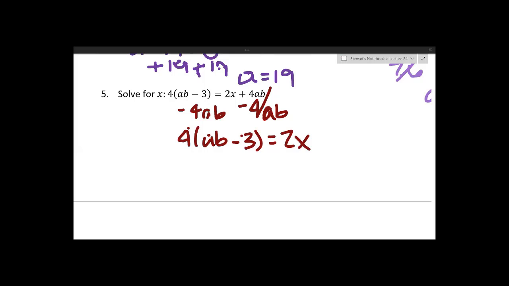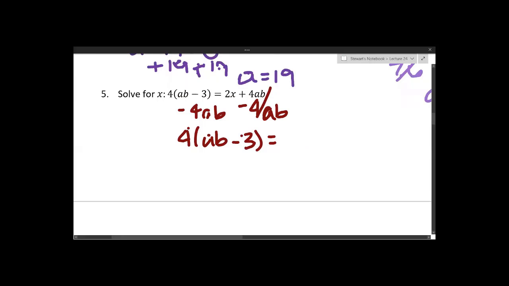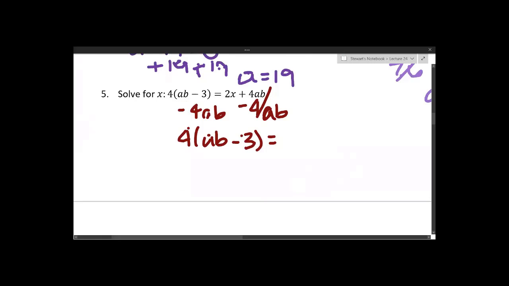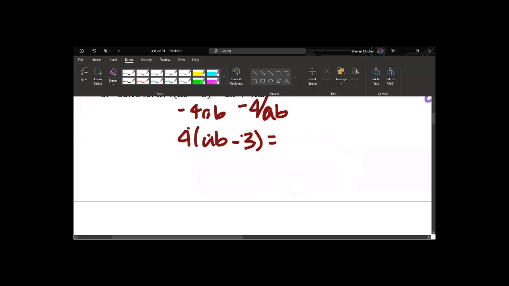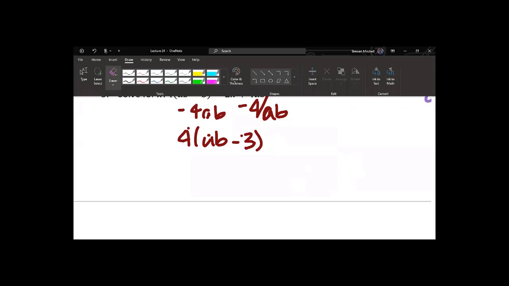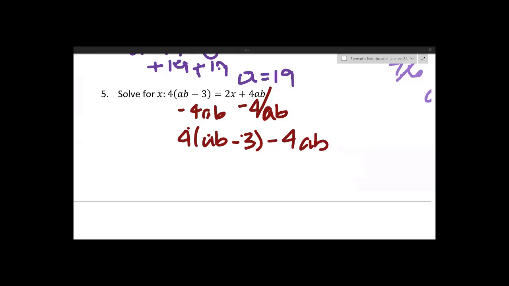Oh, I'm sorry. Nope, that's not right. Four times ab, ooh, I still need to subtract this too. 4 times ab minus 3 minus 4ab is equal to 2x.